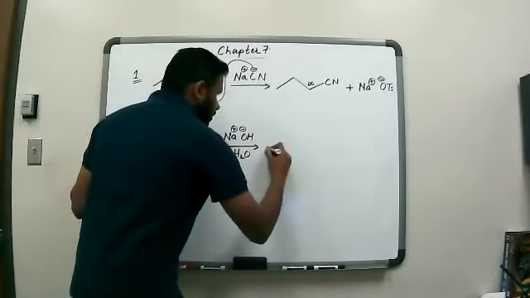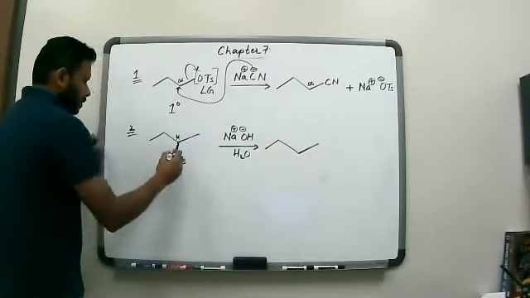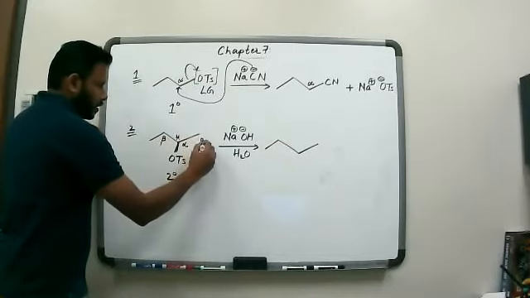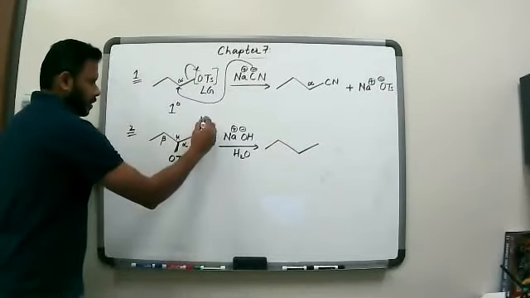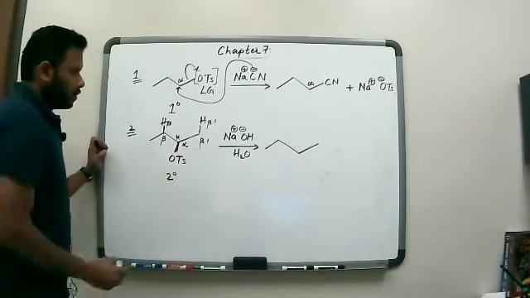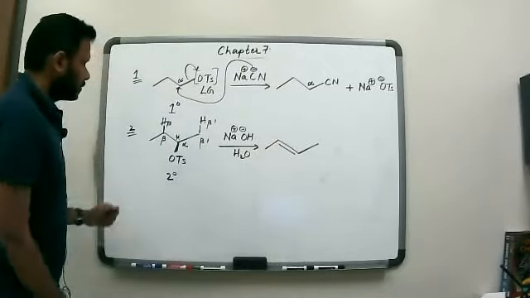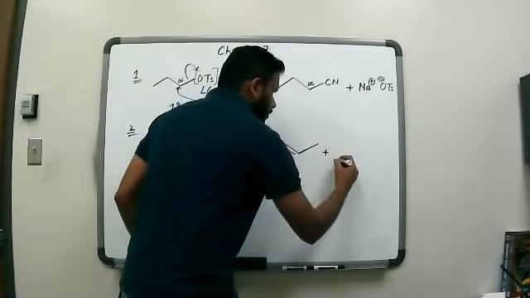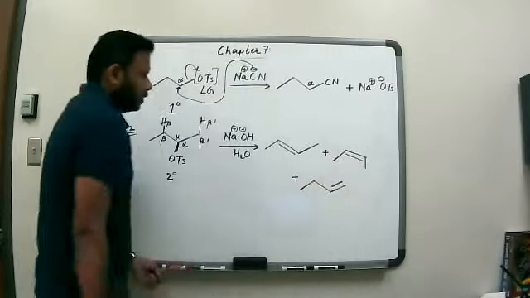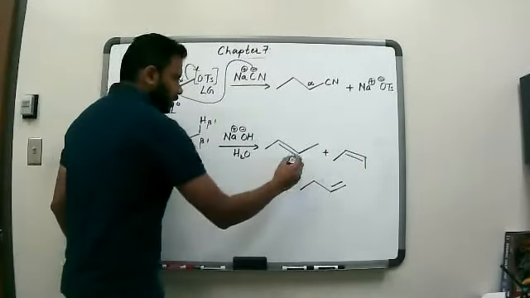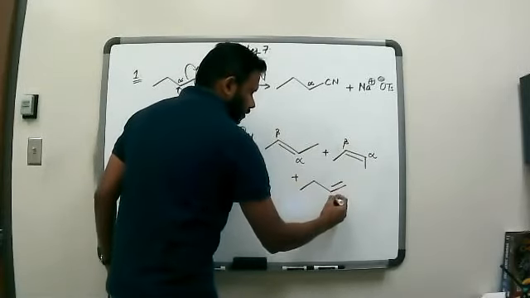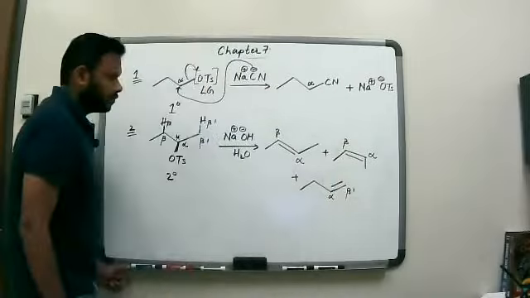So in this particular case, for our product that's going to form, this is our alpha carbon, we have beta and beta prime carbons. So we have H beta prime, and we have H beta. And so our products are going to be the trans alkene plus the cis-alkene plus that monosubstituted alkene. So these are both coming from the beta carbon; this is alpha, that's beta, that's beta prime.